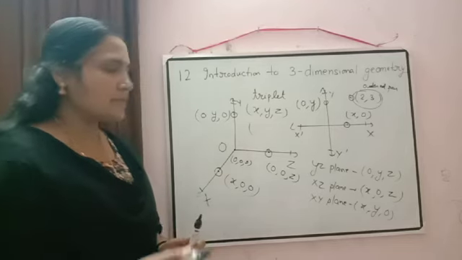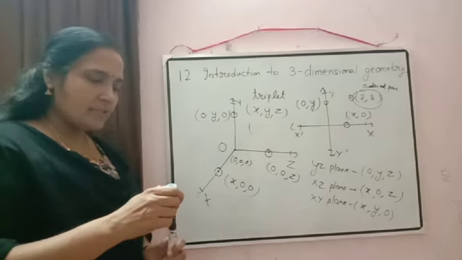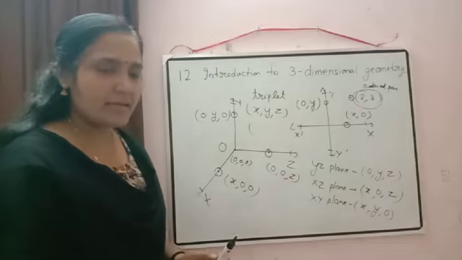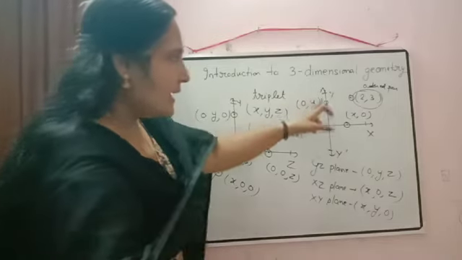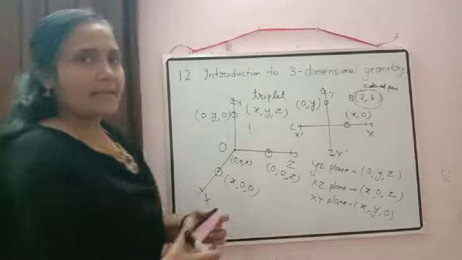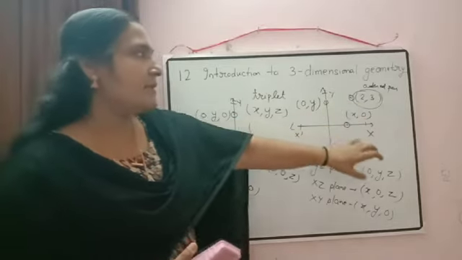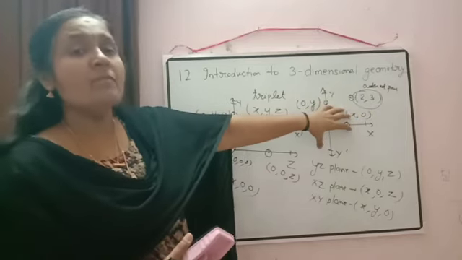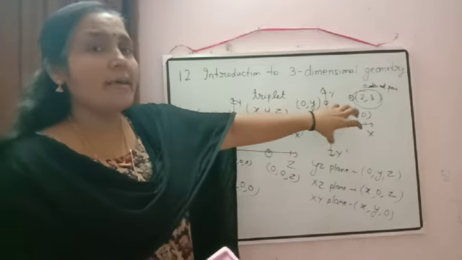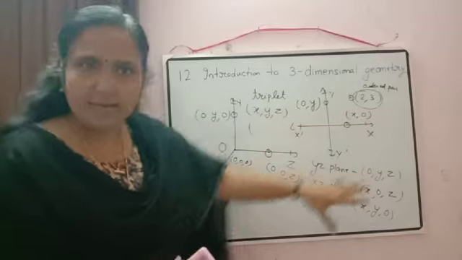And now one more thing. In 2-dimensional geometry, or coordinate geometry, we studied the x-axis and y-axis together. They divide the plane into 4 parts, and since it is divided into 4 parts, it is called a quadrant. Correct?